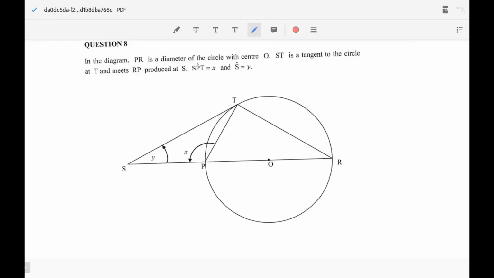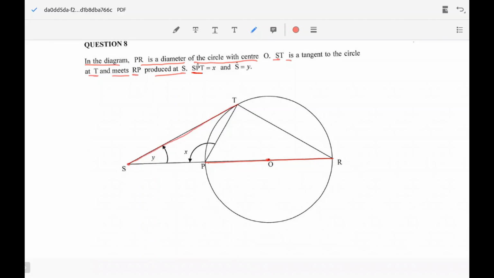So question 8 here. In the diagram, PR is the diameter of the circle with center O. ST is a tangent to the circle at point T and meets RP at point S. Point S lies outside the circle.